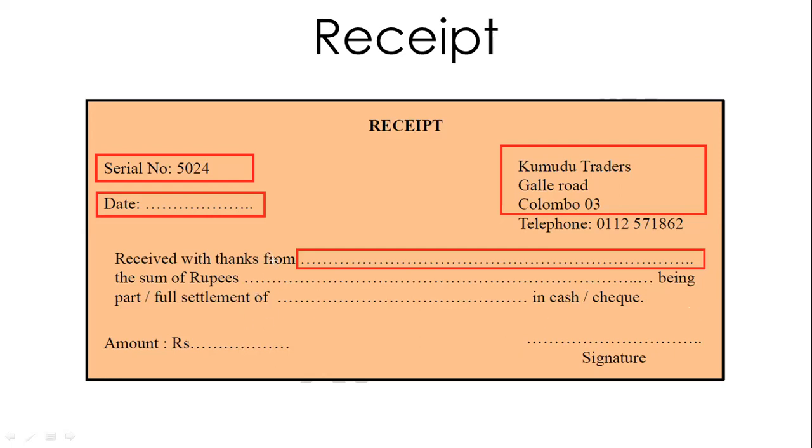And in here, you record the amount collected. If this particular amount is settled by a debtor, you mention the amount of the debt that he is responsible to pay.